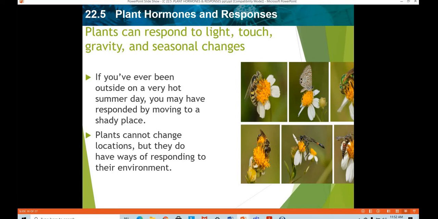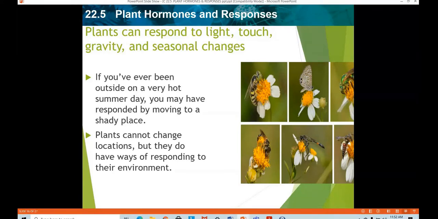So this is how we respond to stimuli. Similarly, even plants respond in various ways to external stimuli. Of course, they cannot change their position or move from one place to another, but in the same place they take some measures to respond to these external stimuli in various ways.